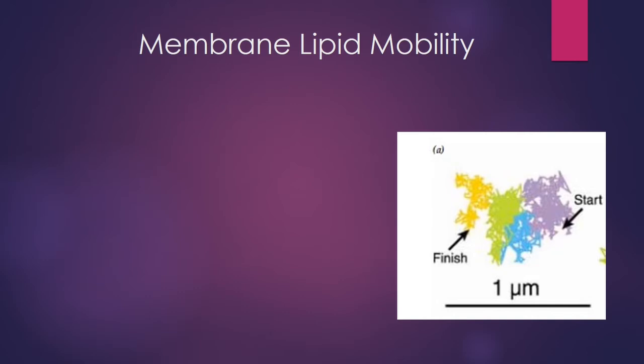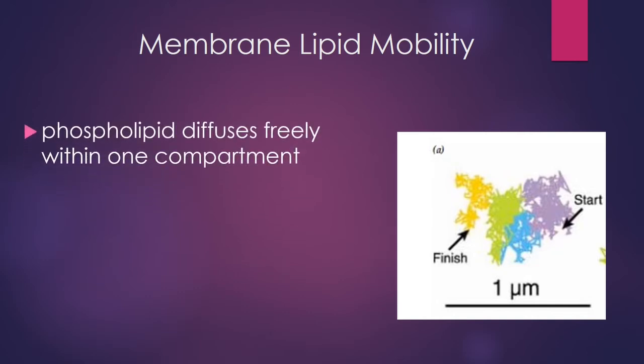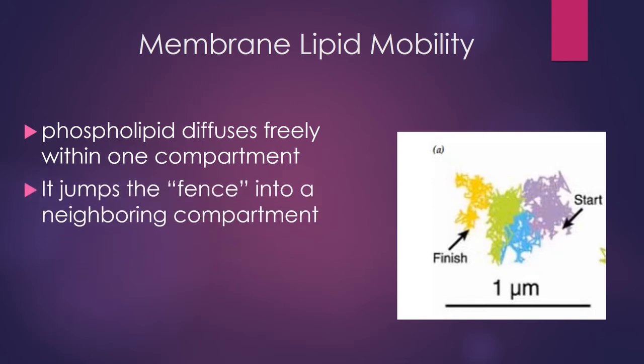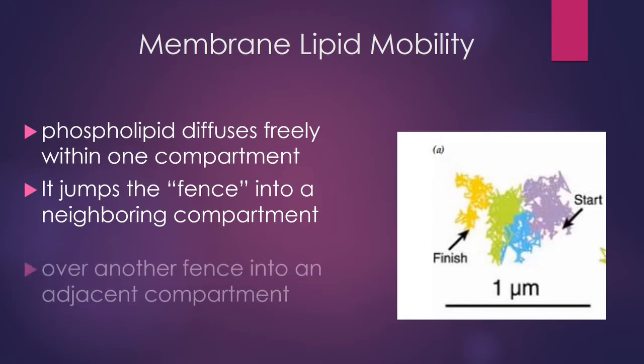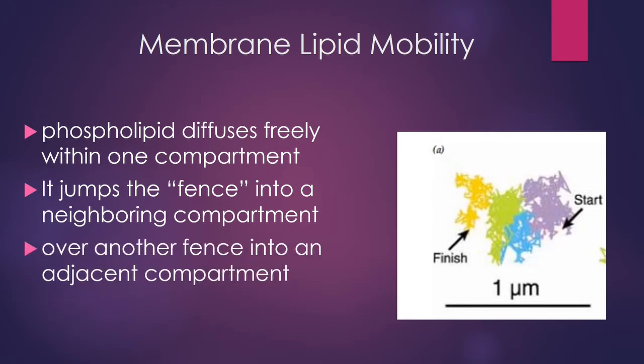Computer analysis indicates that the phospholipid diffuses freely within one compartment, as you can see in the illustration, the one shaded in purple, before it jumps the fence into a neighboring compartment, the one shaded in blue, and then over another fence into an adjacent compartment, the one shaded in green, and so forth.